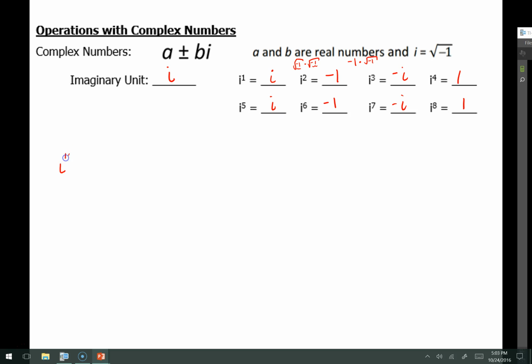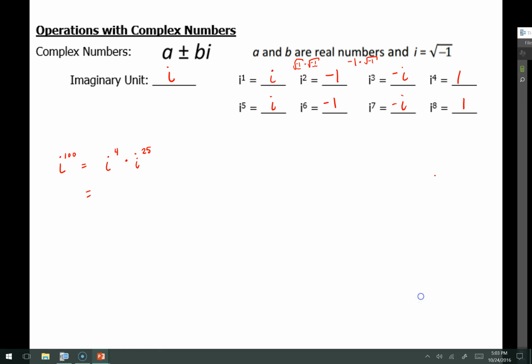If I have i to the 100th power, I don't want to cycle through this all the way up to 100, so let's use the exponent rules from before. i to the 100 is the same thing as i to the 4th to the 25th, because 4 times 25 is 100.